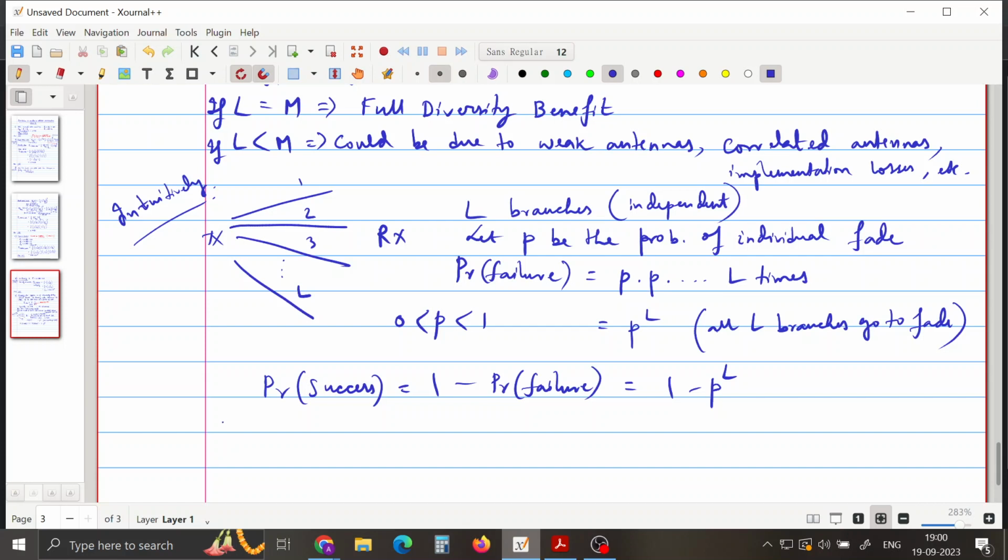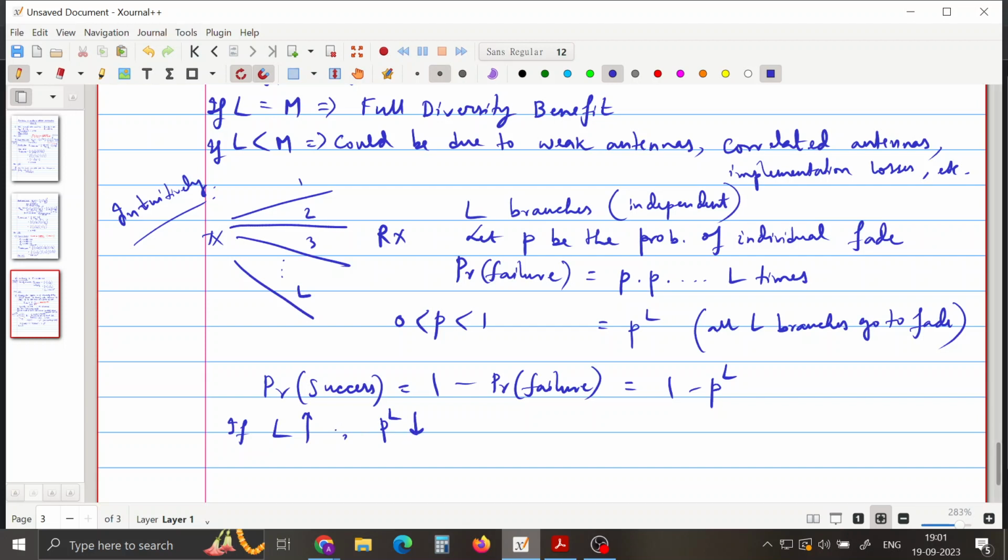If you increase L, the number of branches, what happens to your p to the power L? It will go down.